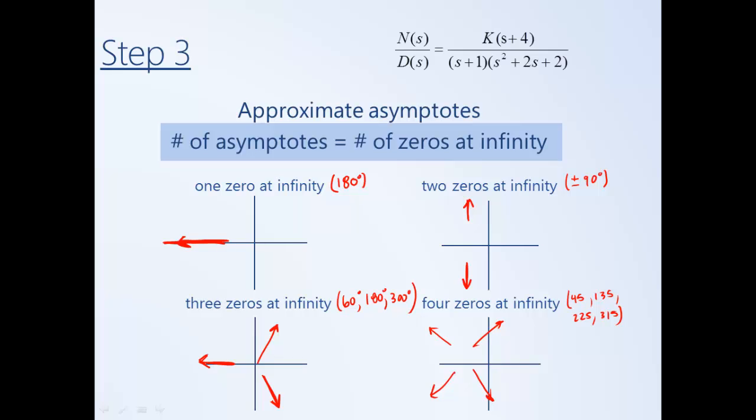Looking at the example that we started earlier, we have 1 open loop zero and 3 open loop poles. So since we have 3 poles and 1 zero, we're going to have 2 asymptotes. We're going to have 2 zeros at infinity, and they'll go off at +90 and -90. So if we go back to our picture, we can go ahead and draw that in.